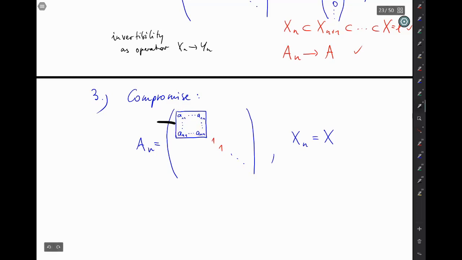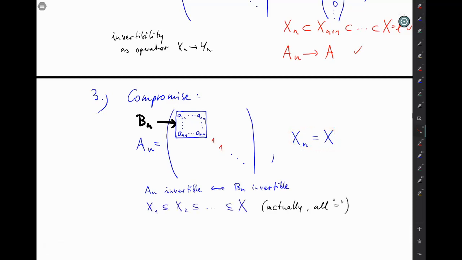So if I label that little finite section here by Bn, then An is invertible as an operator on all of x if and only if Bn is invertible as a little n by n matrix. And now it's clear that all these spaces are contained in one another. They are even all the same. And because all operators are acting on the whole space x, it's also clear what strong convergence means. It's just the usual way of strong convergence. There's only one space x that you have to talk about.